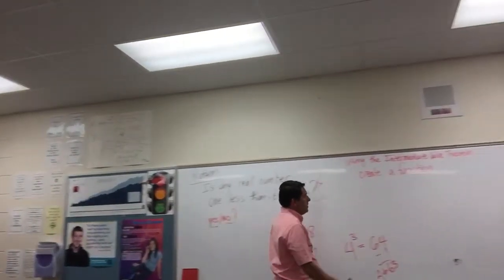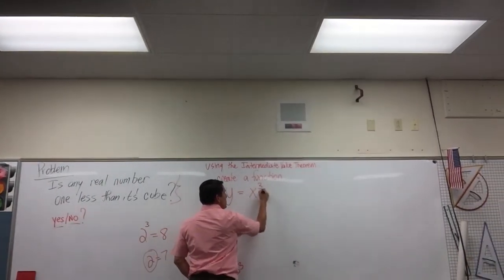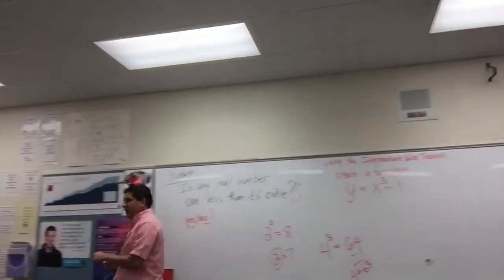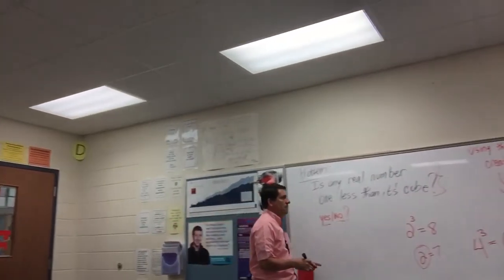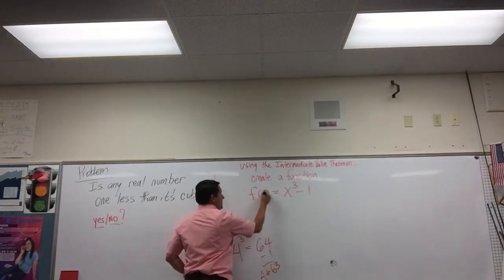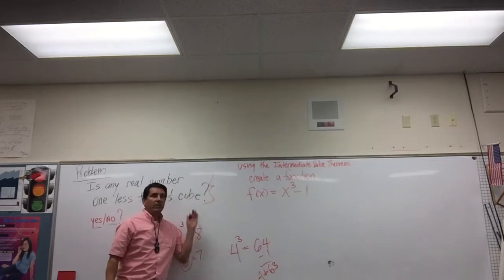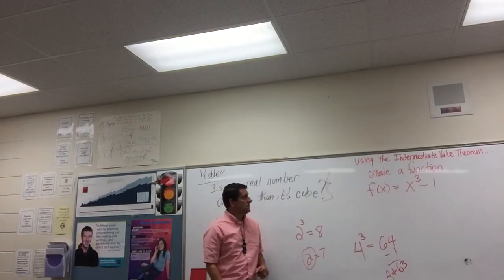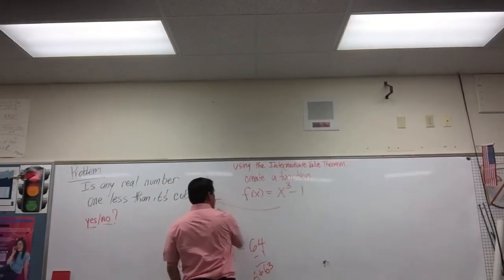I'm thinking of this: y equals x cubed minus 1. You take a number and cube it, then subtract 1. Maybe I should use f of x here rather than y. And then the x would equal f of x. That's the goal. So this function matches this.